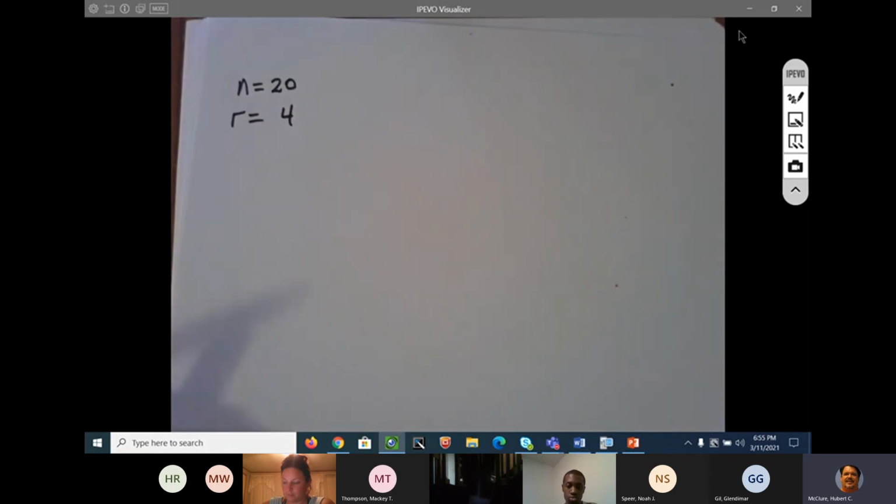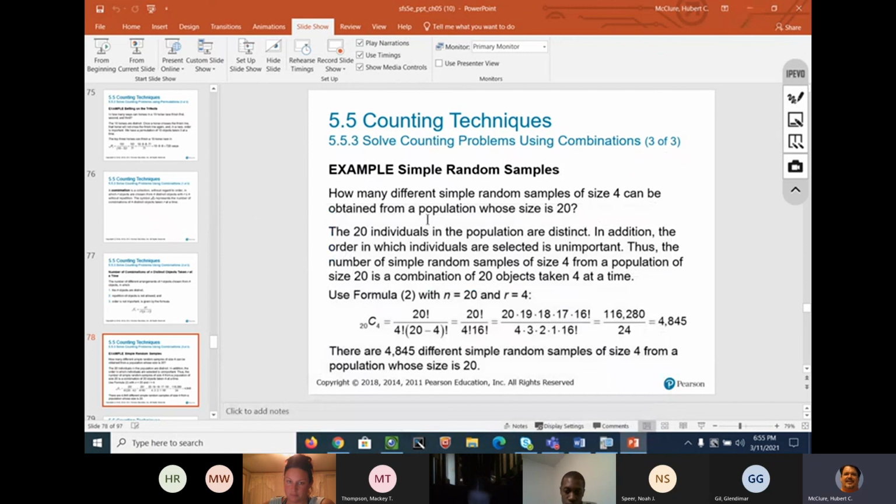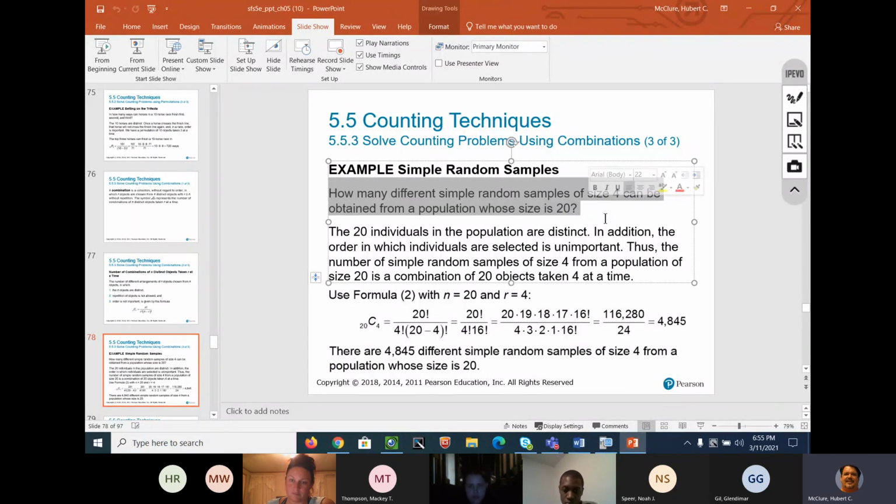Now, what tells me to use a combination? Well, there's no order. There's nothing in the question right here that says it has to be in order. If there's nothing there, it's a combination. If there's no word order in the question, then it's a combination.